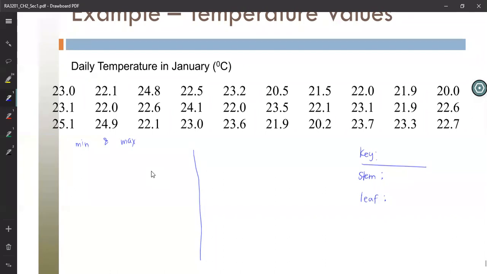Okay, so find the minimum and the maximum and let me know. And then figure out the stems and leaves. And we'll see how we can draw the stem and leaf plot.